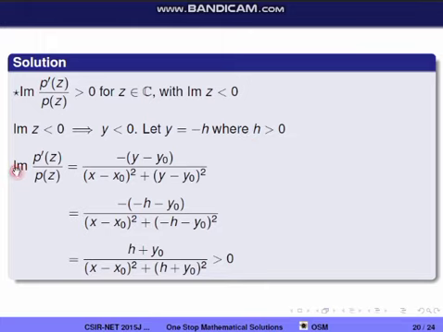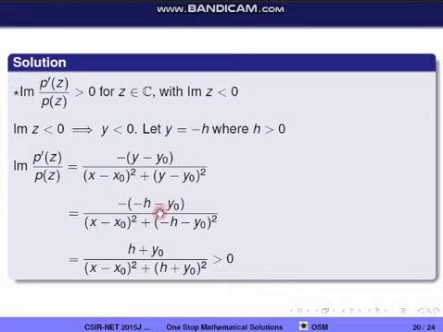So we got imaginary P dash of Z by P of Z is equal to minus of Y minus Y naught by X minus X naught whole square plus Y minus Y naught whole square. Substituting Y by minus H, we get this is equal to minus of minus H minus Y naught by X minus X naught whole square plus minus H minus Y naught whole square.